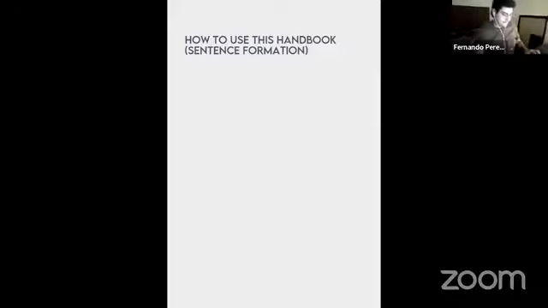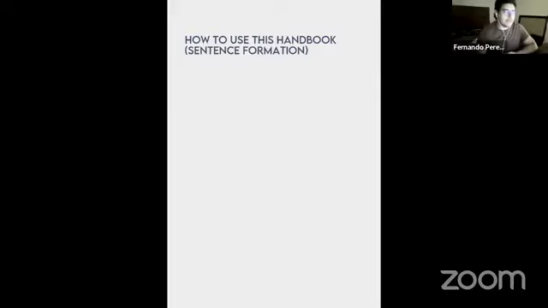So let's organize that information. Formation is person, verb, and complement. Formation, no. We are not talking about formation. We are talking about the forms of expression. Okay? The three different forms of expression.